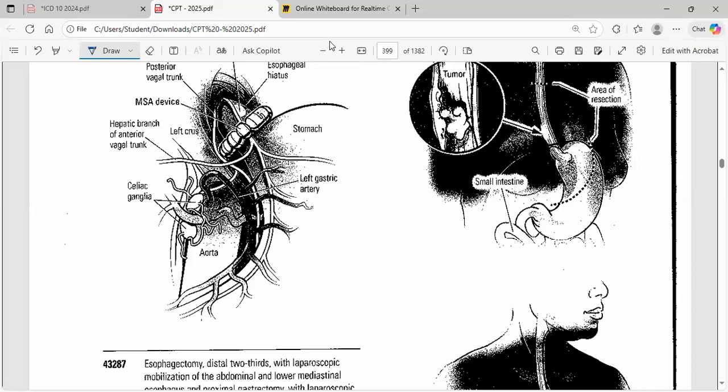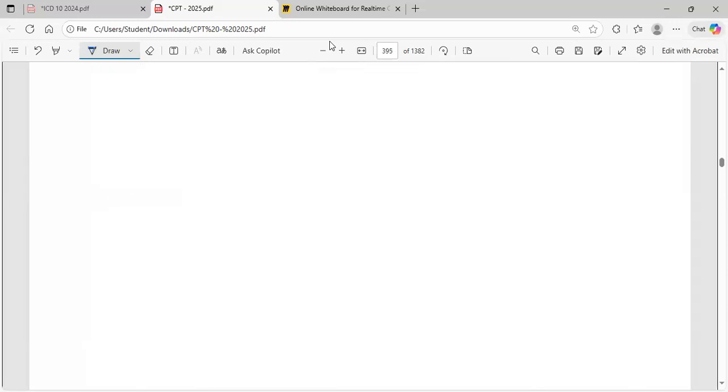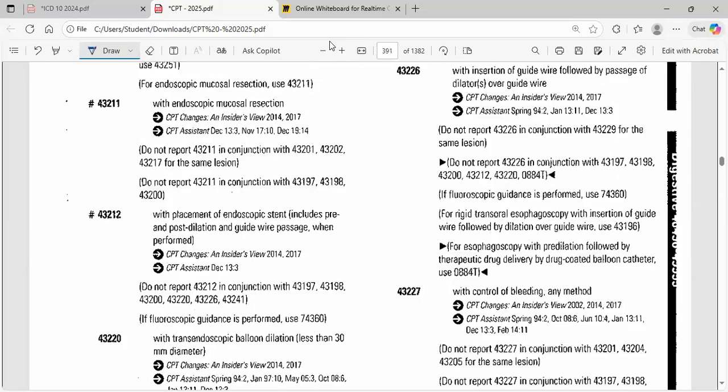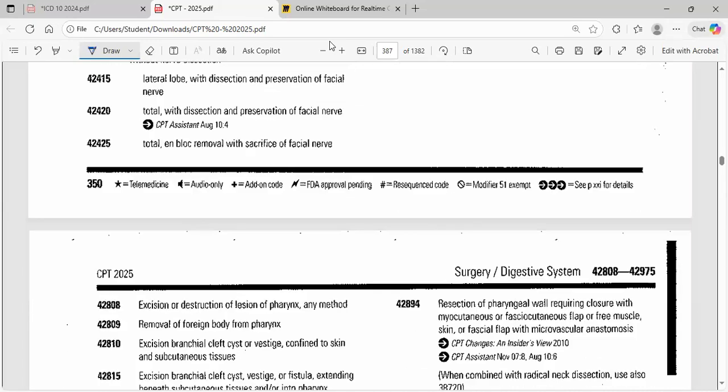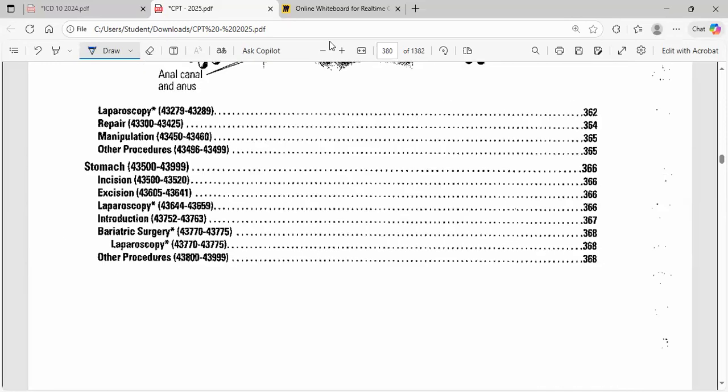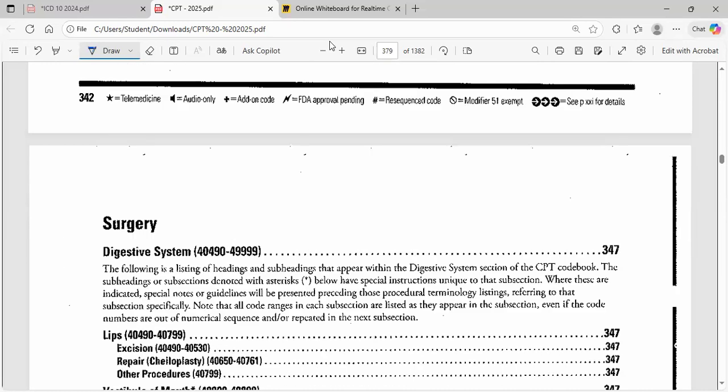Okay. So now we are going to start the new chapter for the digestive system. Our next series is the digestive system series. Our codes begin from 40490 to 49999.